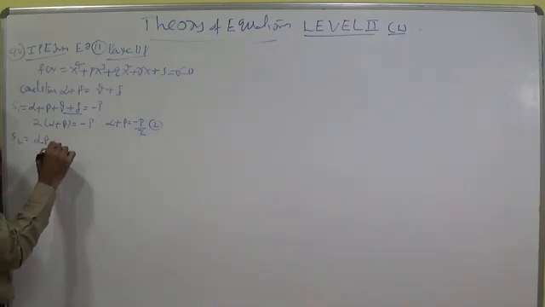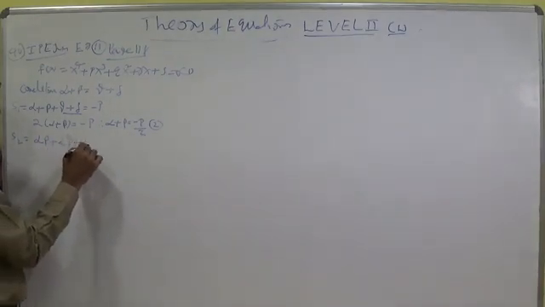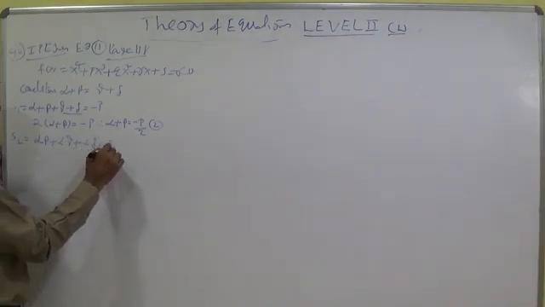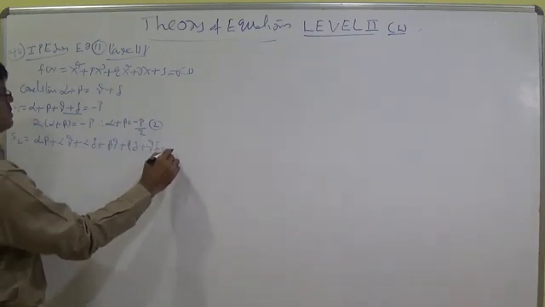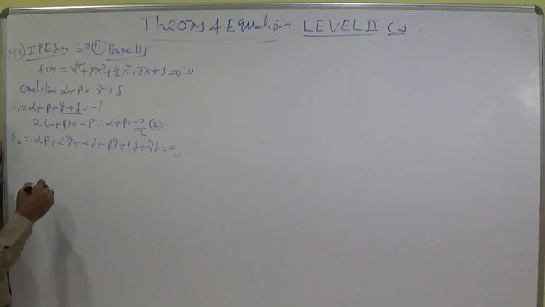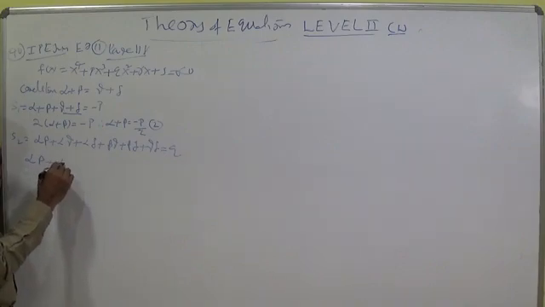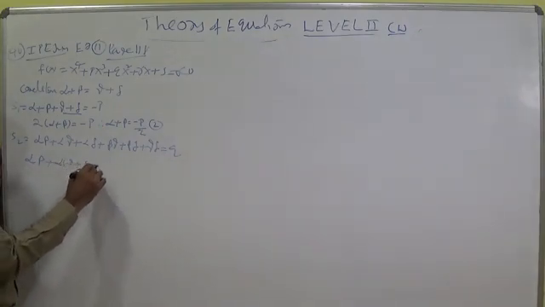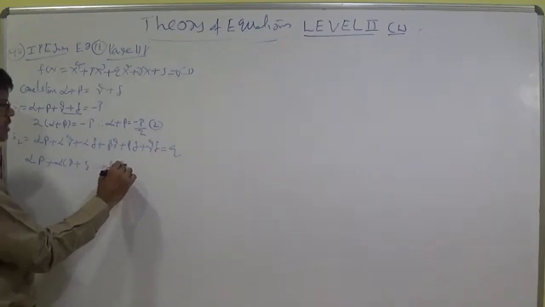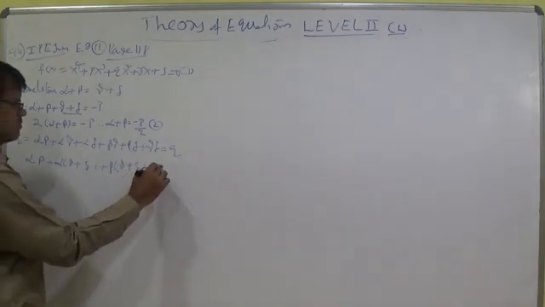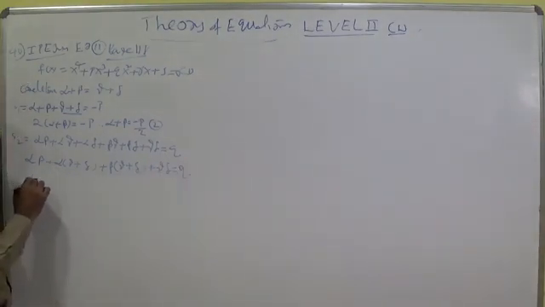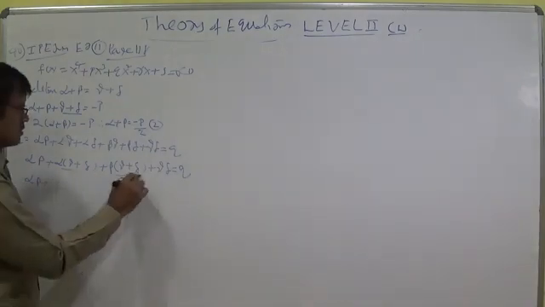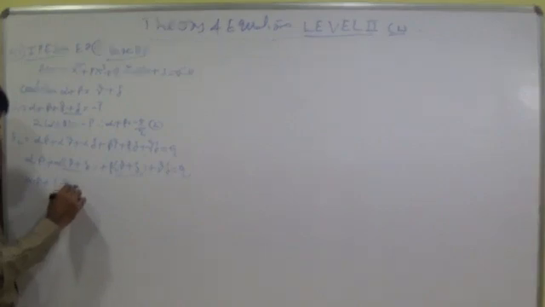Now, S2 you can write. S2 meaning alpha beta plus alpha gamma plus alpha delta plus beta gamma plus beta delta plus gamma delta is equal to Q. Alpha beta plus, you take common here alpha into gamma plus delta, take common here beta into gamma plus delta, plus gamma delta equal to Q. So alpha beta plus, take gamma plus delta as a common.